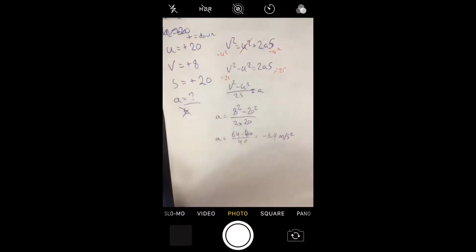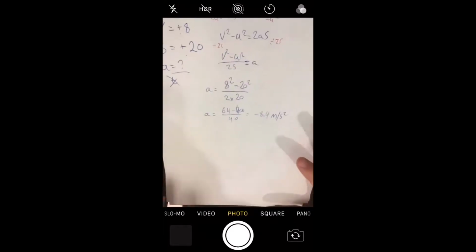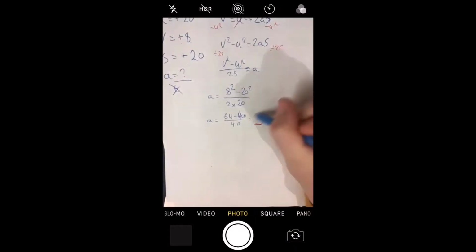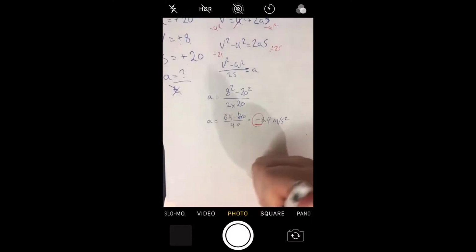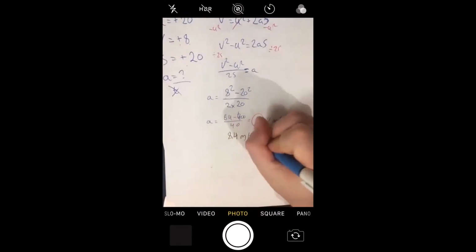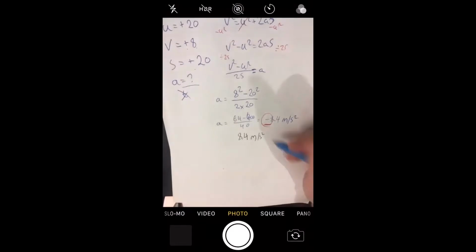Now, let's have a little look here. Why is this one interesting? Because we've got an acceleration that's negative. That means the acceleration is 8.4 meters per second squared, and since down is positive, the negative means we are accelerating 8.4 meters per second squared up.